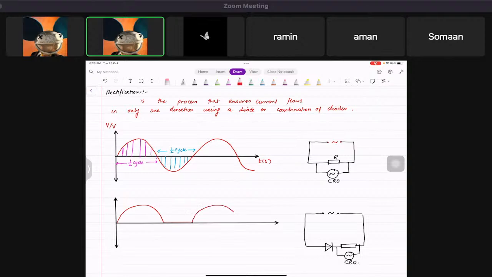It would cancel out everything on the other side. So you would have this side intact, let the current flow, but the other side, which should have been here, is just cut off. For half the cycle it's the same, but for the rest half, from here, it's just cut off. Is it clear?